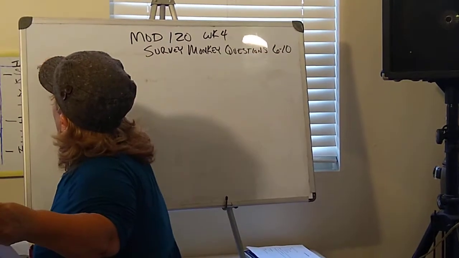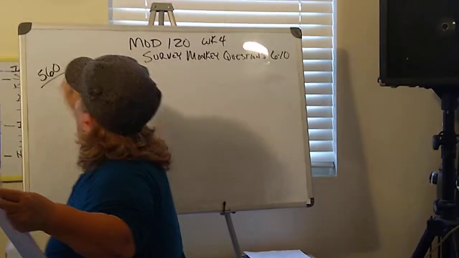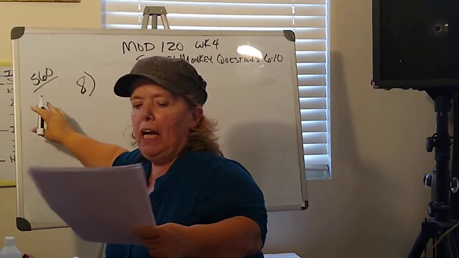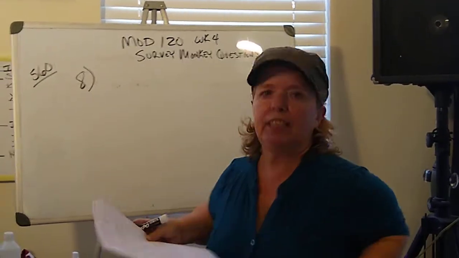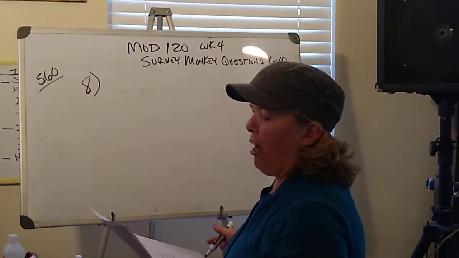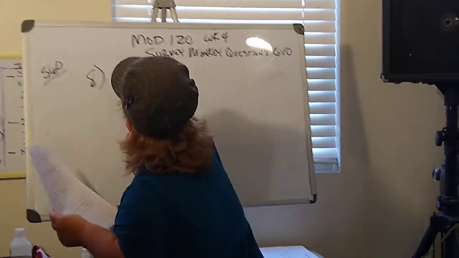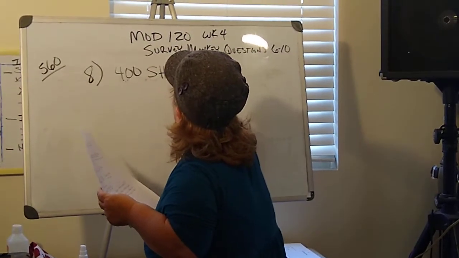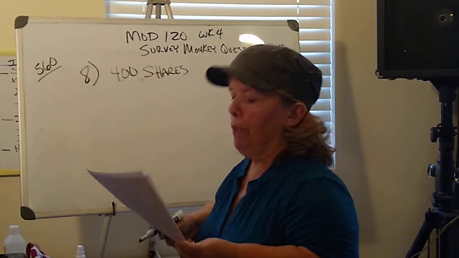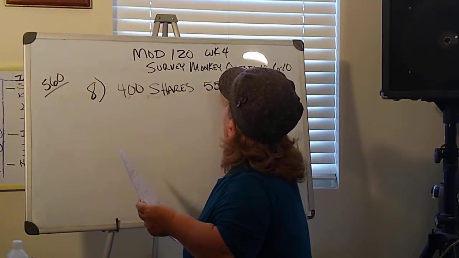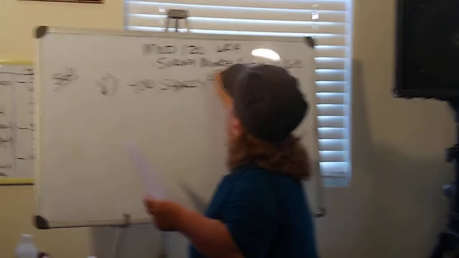Okay, so let's move on to number 8. Number 8 doesn't give you the answer, but it tells you how to do it on page 560. All right, so number 8 says, calculate the cost of buying 400 shares of General Mills at $55.80 per share.